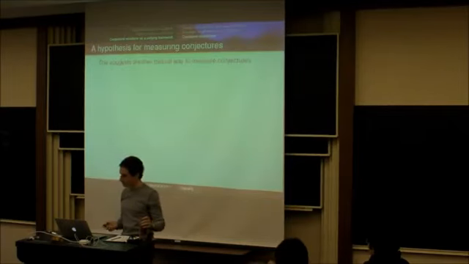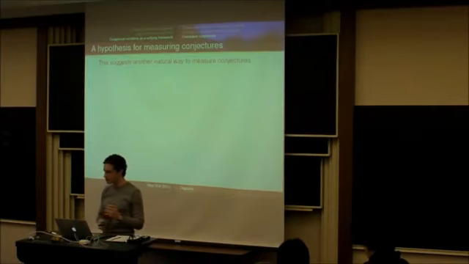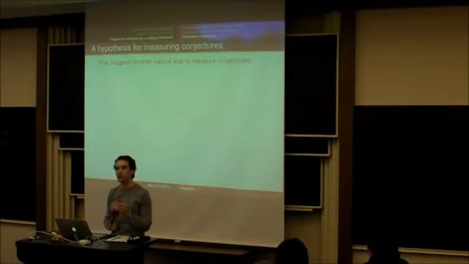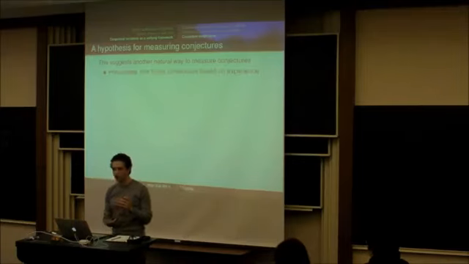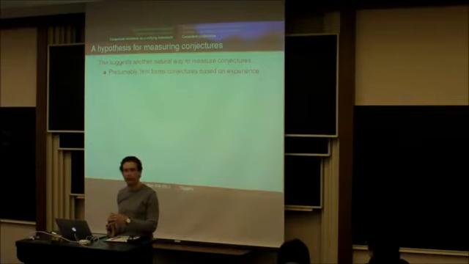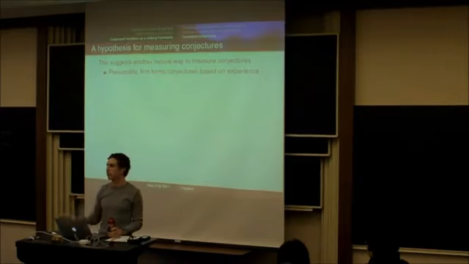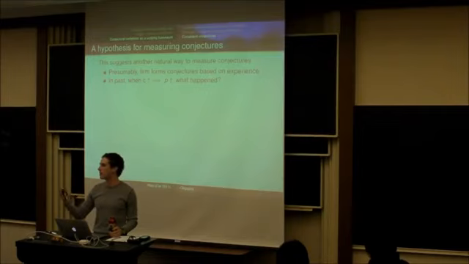Okay. So I think that this suggests a pretty natural alternative way that we can think about conjectures, about how to measure them. If you think, how does a firm form its conjectures about how other firms will respond to what it does? Well, it probably looks at other times in the past where its costs went up and therefore it raised its prices, right?